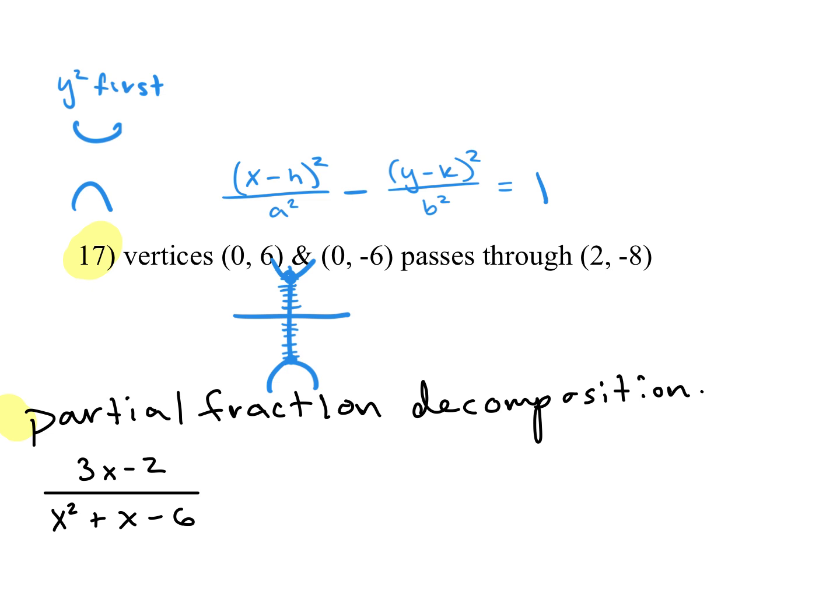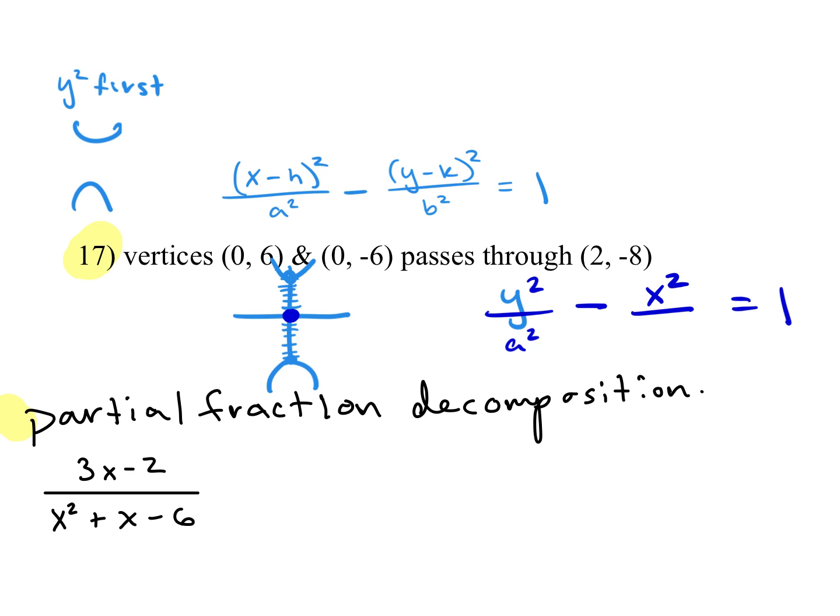Our hyperbola is going to open up and down, so y would come first. We have y minus, our center is the midpoint between them. So that would be 0, 0. So it's actually y minus 0, which would just be y squared minus x squared as our numerators. And then a squared is going to go below the y squared.